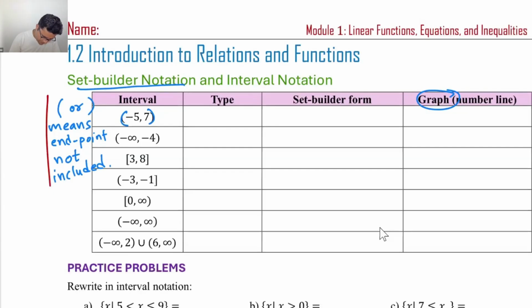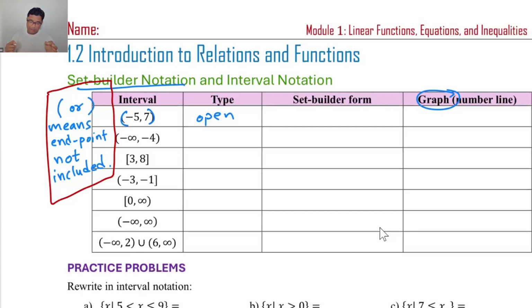You might want to put that information in a box. So the first type of interval that you see here is called an open interval. If you do not include the endpoints, it's open, in that sense.